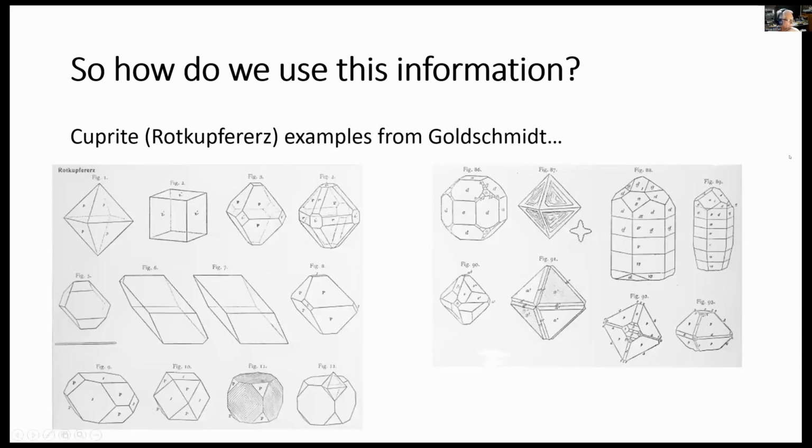And dragging a few cuprite crystal drawings out of Goldsmith, you can see here there's a nice clean octahedron, a cube, some combinations here. Then you've got some weird ones. This I would not probably even pick as being cubic.